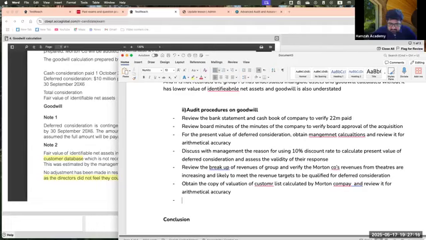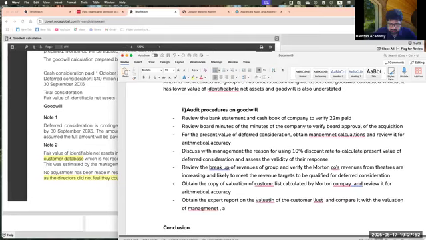First of all, obtain the expert report on the valuation of the customer list. Yes, and compare it with the valuation of management to verify its accuracy.